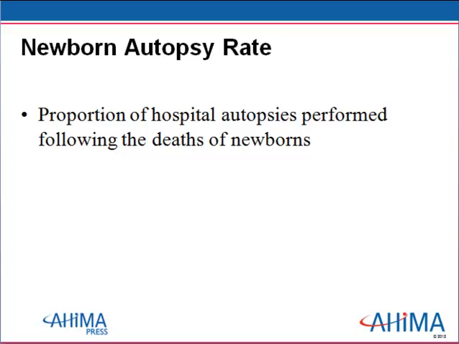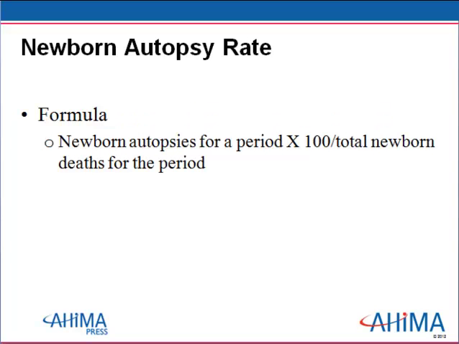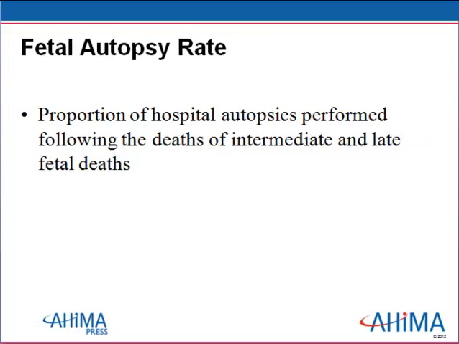The newborn autopsy rate is the proportion of hospital autopsies that are performed following the death of newborns. The formula is newborn autopsies for a period times 100 divided by the total newborn deaths for that same period of time.